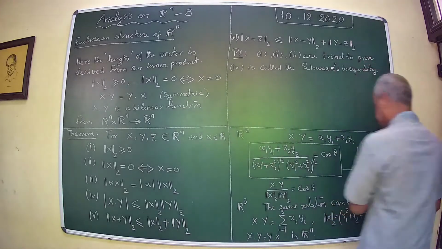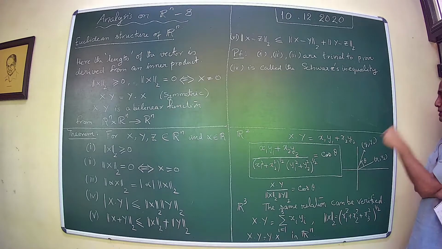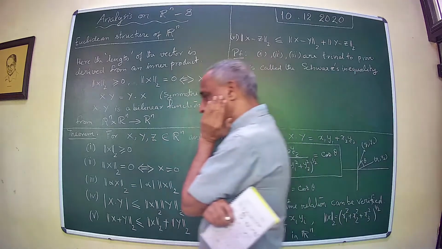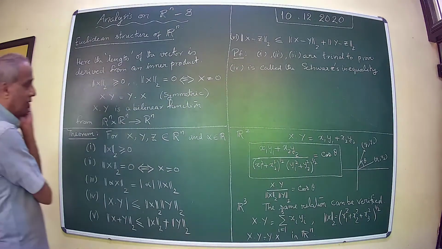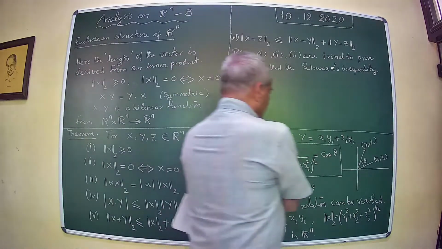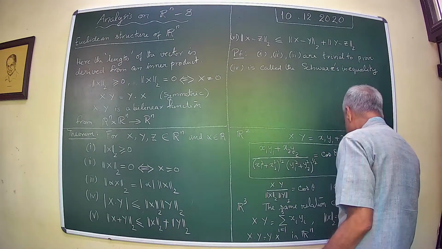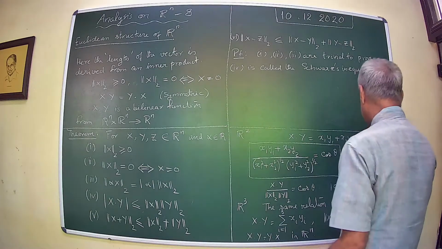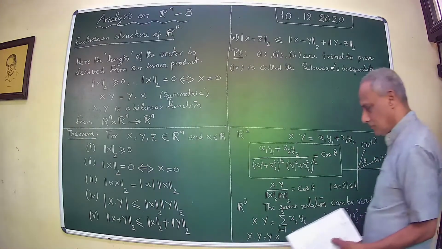That is simple. Now you see that it tells something. You know that cos theta lies between -1 and +1, or mod cos theta is less than or equal to 1. And theta is the angle between the two vectors (x1, x2) and (y1, y2).